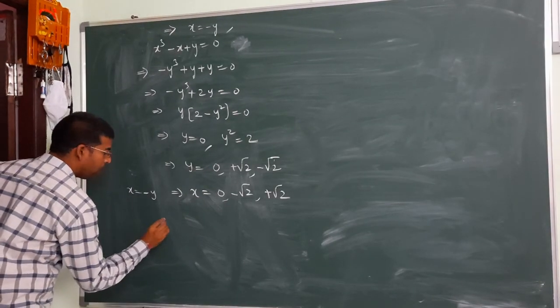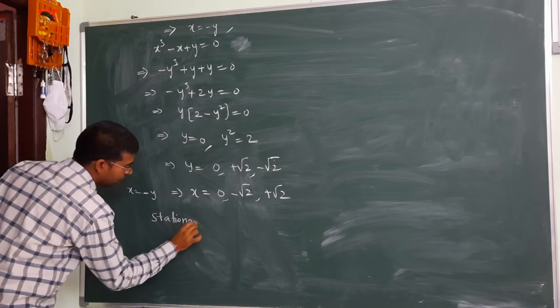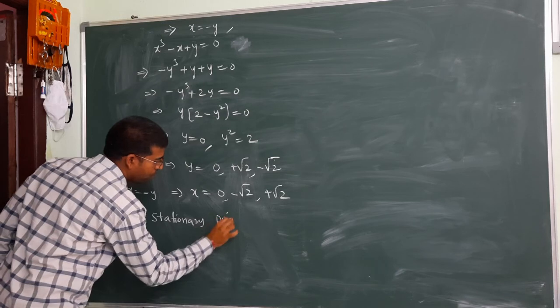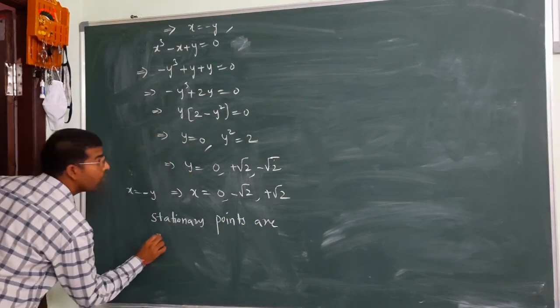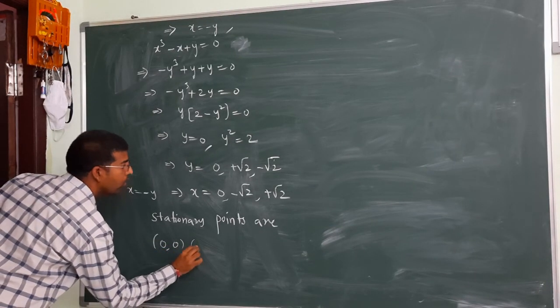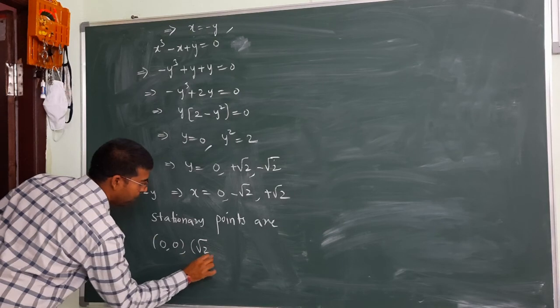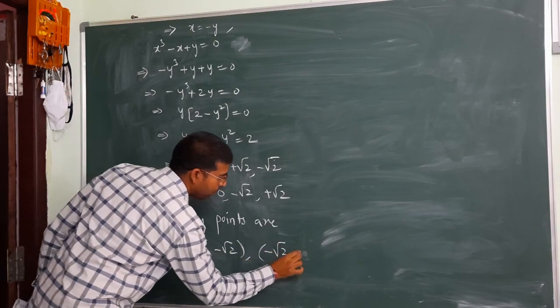Therefore, stationary points are: one is 0, 0. Another one is root 2 comma minus root 2, and another one is minus root 2 comma plus root 2.